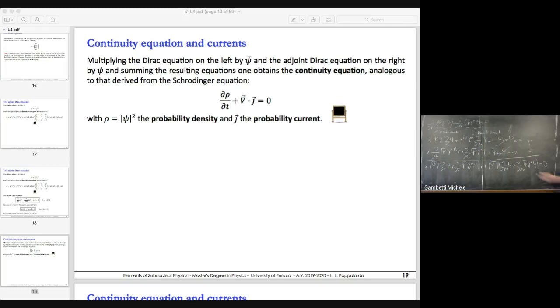So now we can merge the two in a Lorentz invariant way. We merge the time derivative and the spatial derivative. So this is equivalent to ∂_mu of adjoint spinor gamma^mu spinor, that we can also write in an even more compact way as ∂_mu j^mu equal to 0.